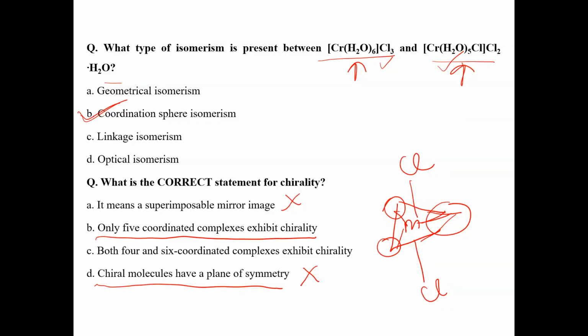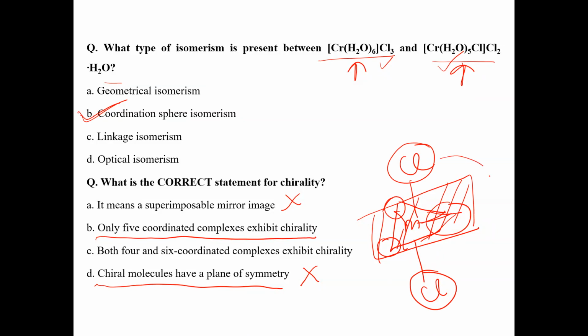If you pass a plane through here, these three ligands will intersect it, and the two chloride ions are reflected. So you get a plane of symmetry. It depends upon the ligand substitution or position of ligands present in the complex. But 4 and 6 coordinated complexes always exhibit chirality.